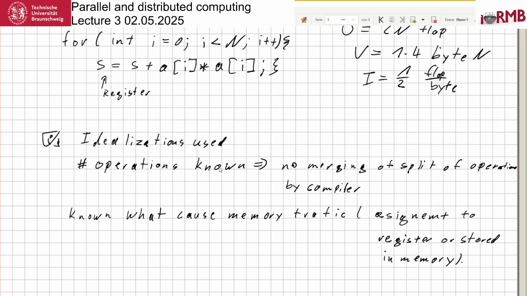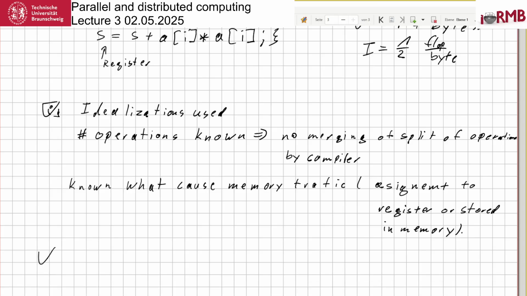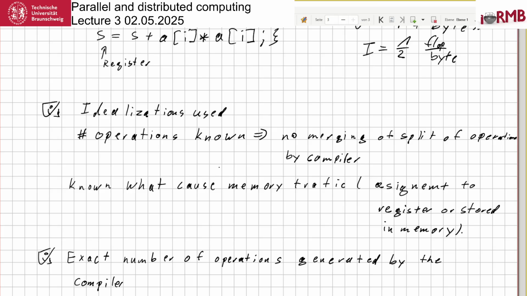So, a problem that we may have is that the exact number of operations generated by the compiler is actually difficult to know.